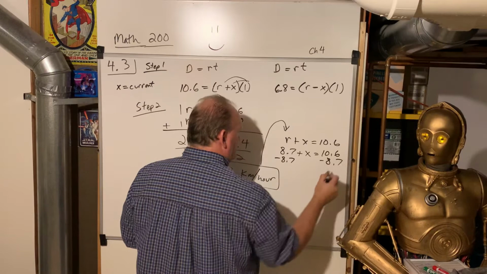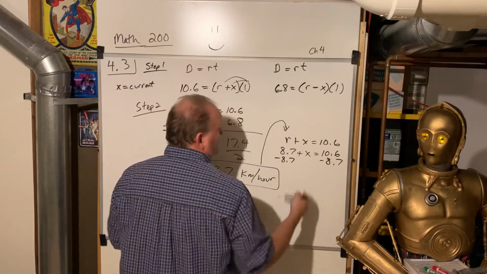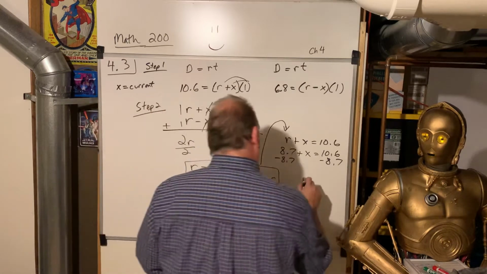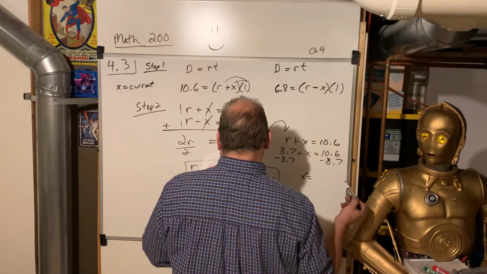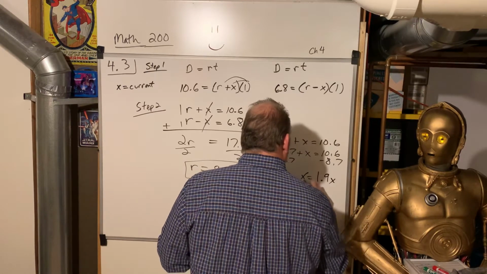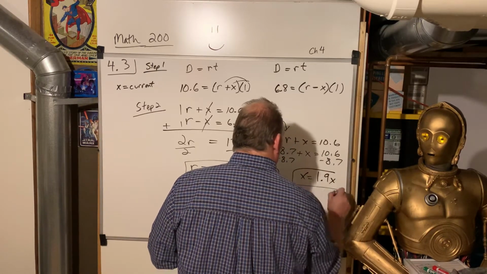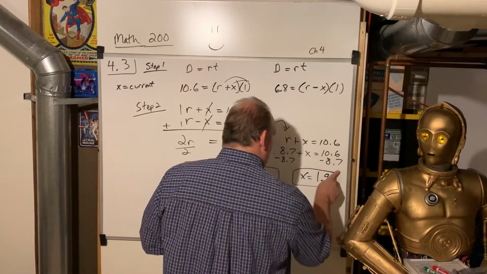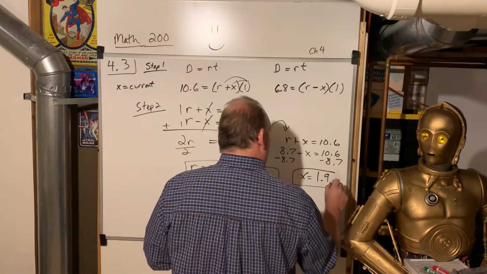It's the same thing, in different variables. All right, and so X is equal to the current. Now, I know the current had to be going slower. X is equal to 1.9 kilometers per hour.